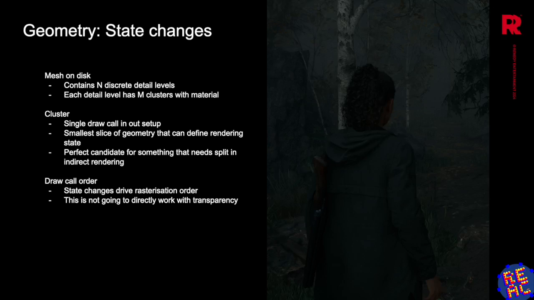This means we need to figure out what is the piece of geometry that can be always drawn within a single GPU execution. For us, this is cluster of triangles that belongs into a single detail level and has single material and transformation attached to it. This is one-to-one mapping for existing draw calls when not using instancing.